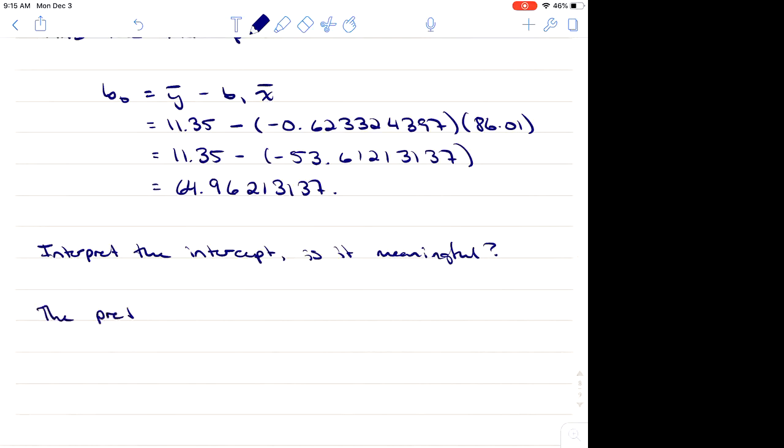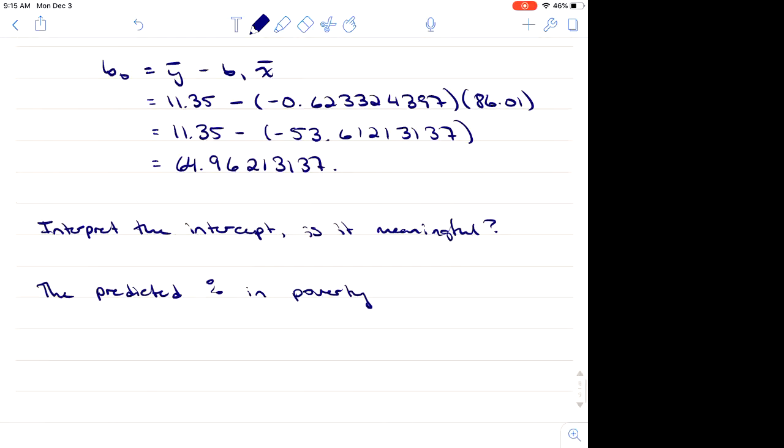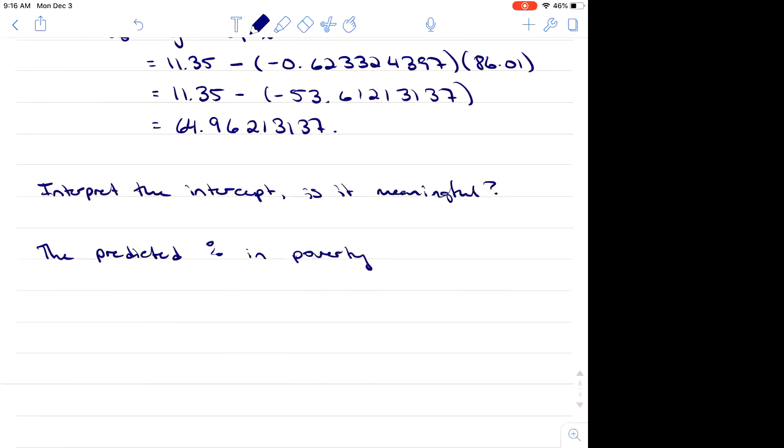So we're going to say the predicted percent in poverty when percentage of high school grads is 0 is 64.96%.